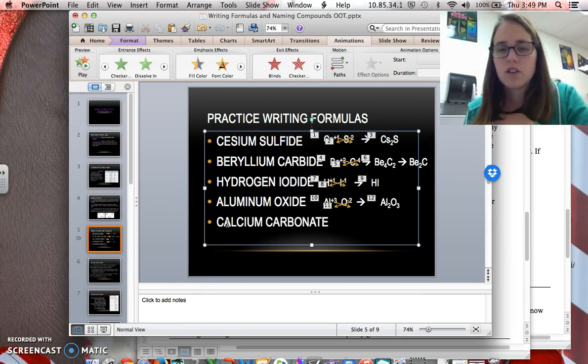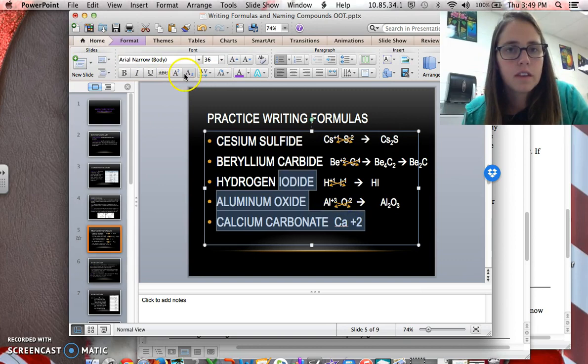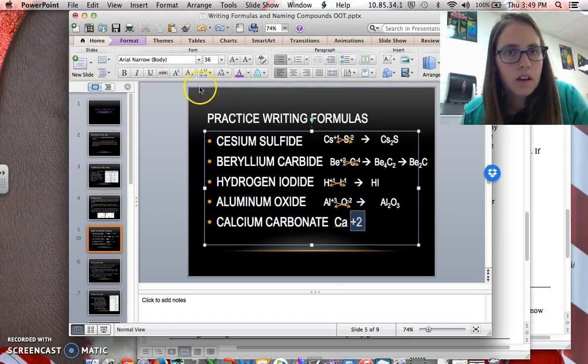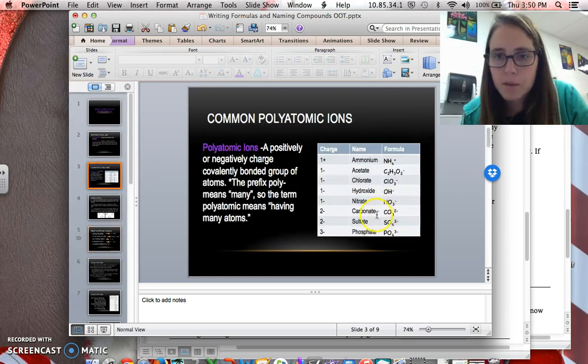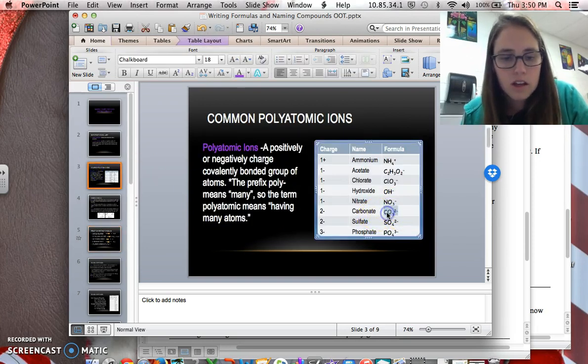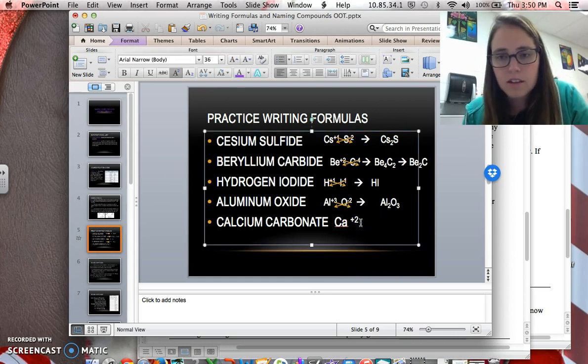Calcium carbonate. And so we're going to first find that calcium's charge, I believe, is +2. Calcium is +2. And carbonate, as we can see in our polyatomic ion list, is CO3 with a -2 charge. So we're going to write that.